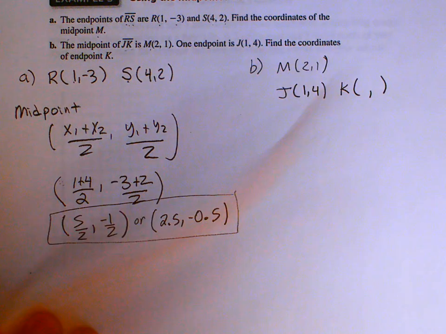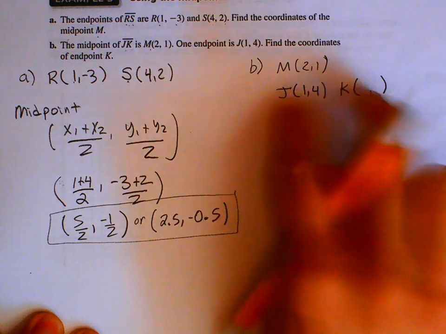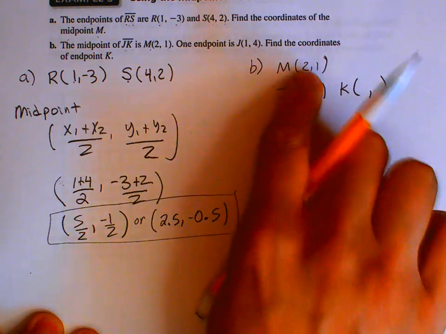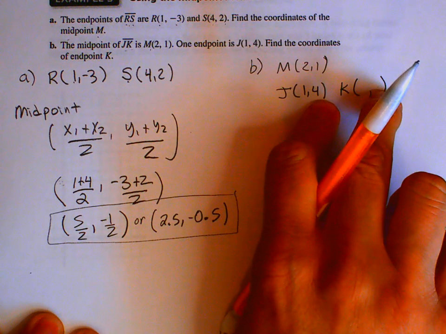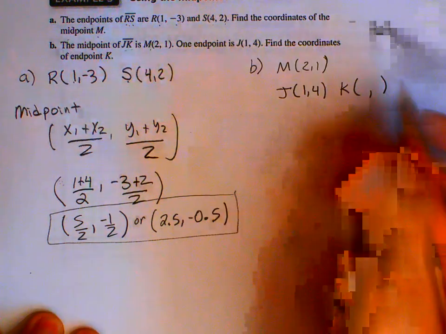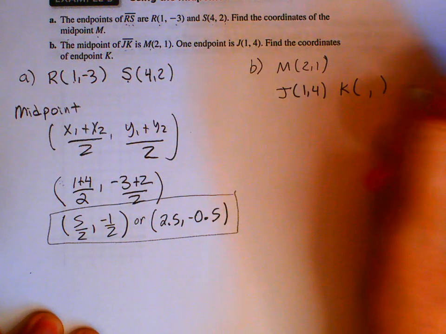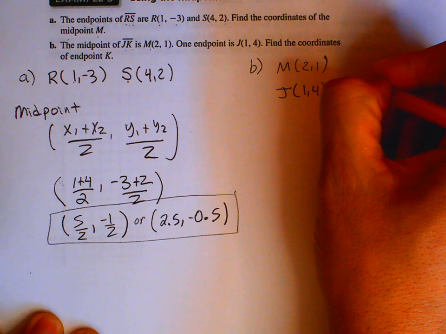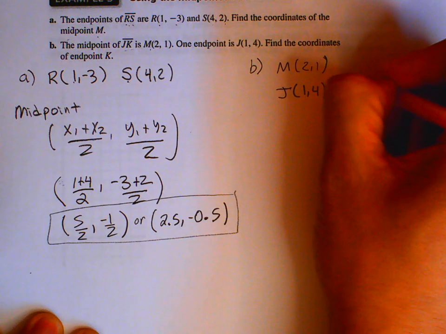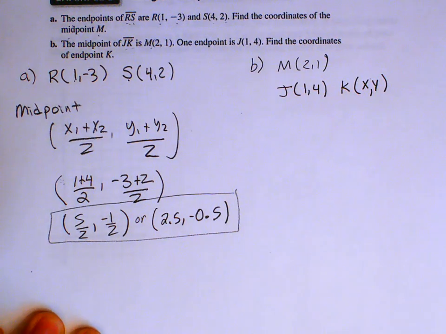We really don't, but we know that the average of these two x's, divided by 2, equals that. We know that the average of these two equals that. So how are we going to do that? Well, we're going to call this coordinate x, y, because we don't know what they are.